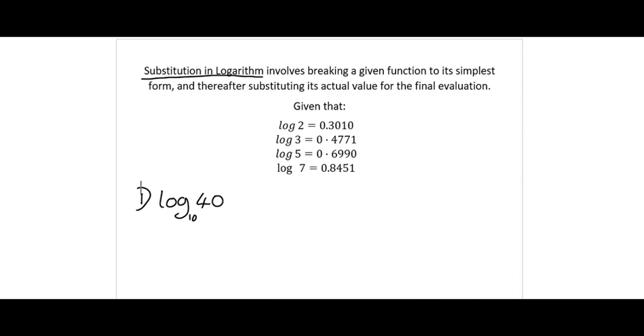So each of these logarithms is in base 10, but most times you just write it like that without showing the base. That shows that the logarithm is the common logarithm, and that's in base 10.